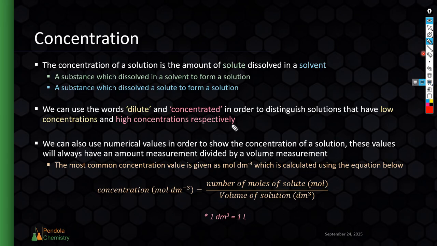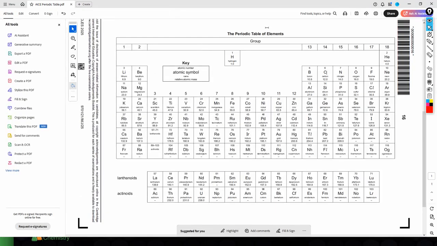So let's say I want to make a solution of, let me find here. So I'm going to bring over my periodic table. And we are going to look at something simple, sodium chloride, again, salt water. So let's say we want to make a solution of sodium chloride.